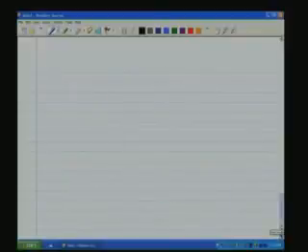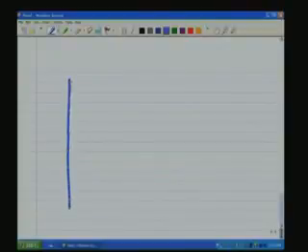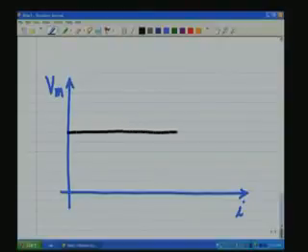So if we plot this Vm with respect to the load I, and this is, let us say, Vm, the peak value, you will see that it will be constant.